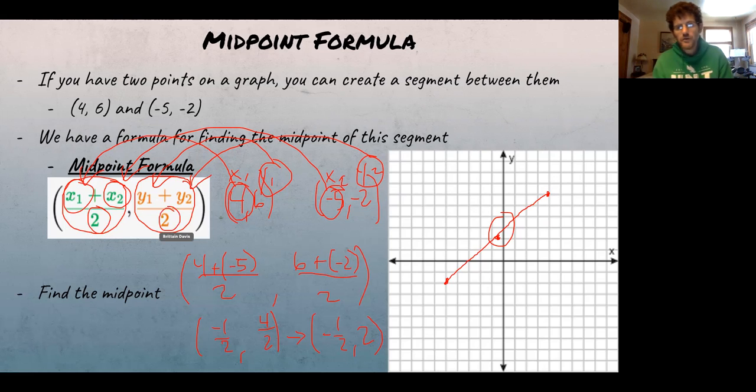And that's just a part of the formula, first of all. But we divide by 2 because we're getting an average between two different x values. The average is going to be the middle value between two extremes. So it's just like if I was to take my age and your age, and I wanted to get the average age between us. So I'm going to assume most of you are 16, plus or minus.